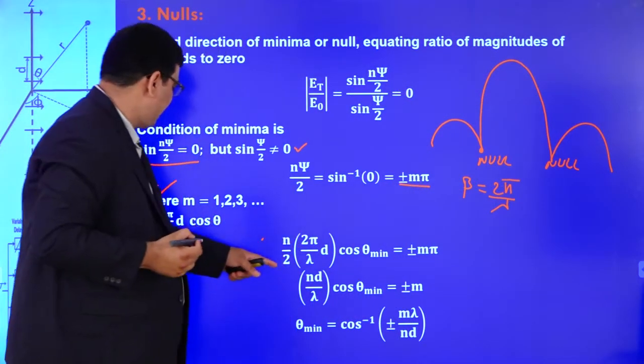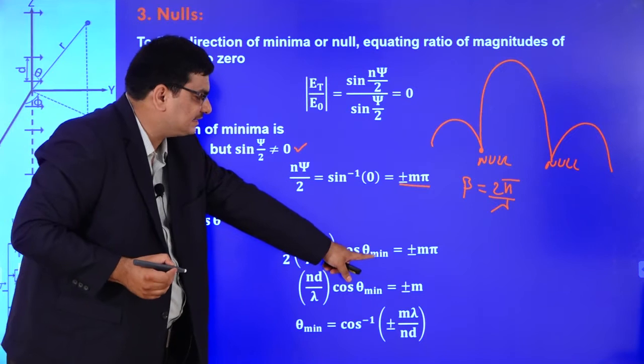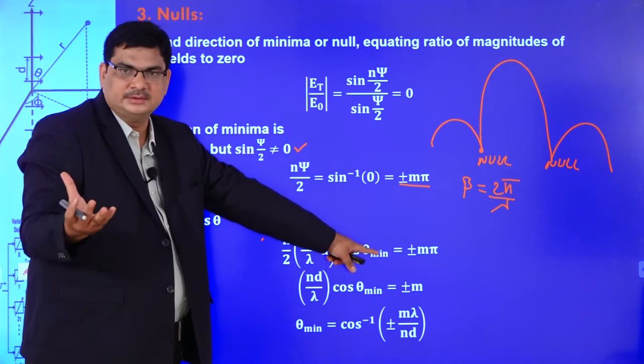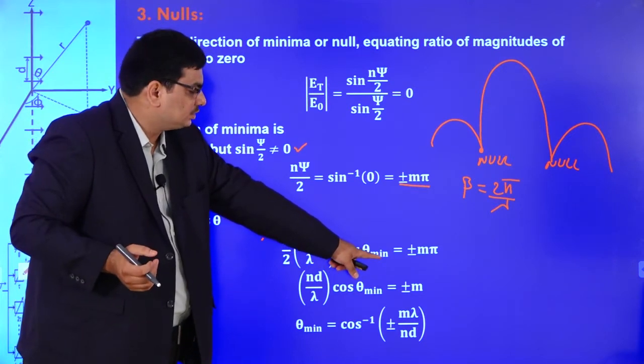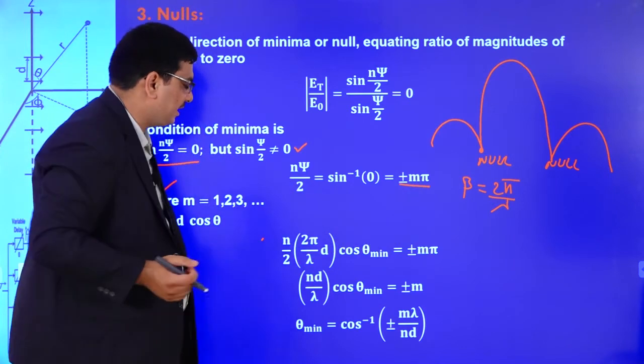So 2π/λ into d into cos θ minimum, because we are finding the nulls, that's why it is taken as θ minimum equals plus or minus π.